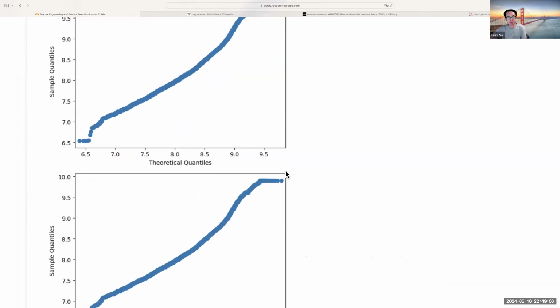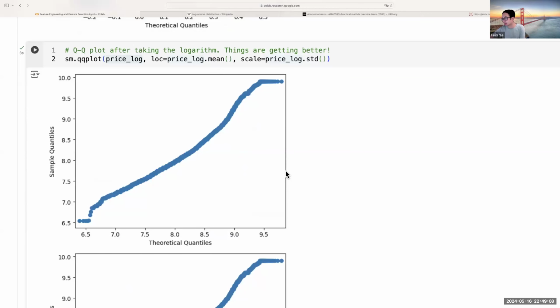So that means if we work with the prices right here, it might be a better idea to take the logarithm, then apply that and put it into those machine learning models, because if we directly use prices, it will most likely have heavy tails.